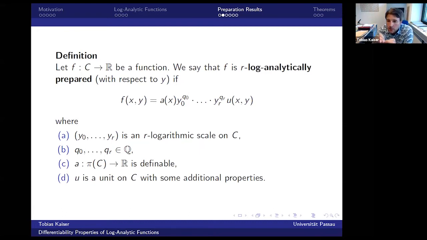And we have additional properties on u. How does u look like? There also this logarithmic scale comes into play, but it's rather technical, so I omit the presentation here. But this is the idea of preparation: a factor depending not on y, monomials in the logarithmic scale, times a unit.